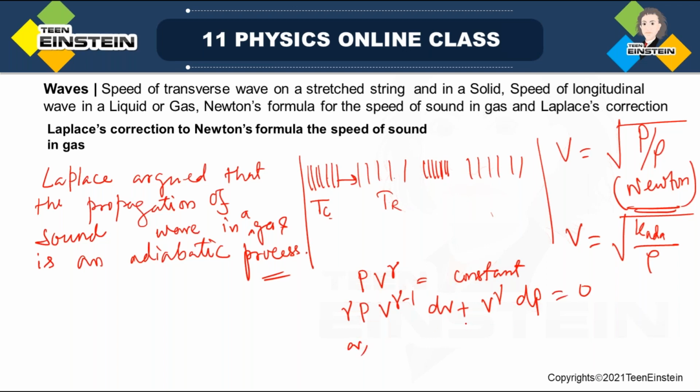Okay, so from here let us see what we can do. We have to find out K. K means dP divided by minus dV by V. So gamma into P V to the power gamma minus 1 into dV is equal to minus V to the power gamma dP.